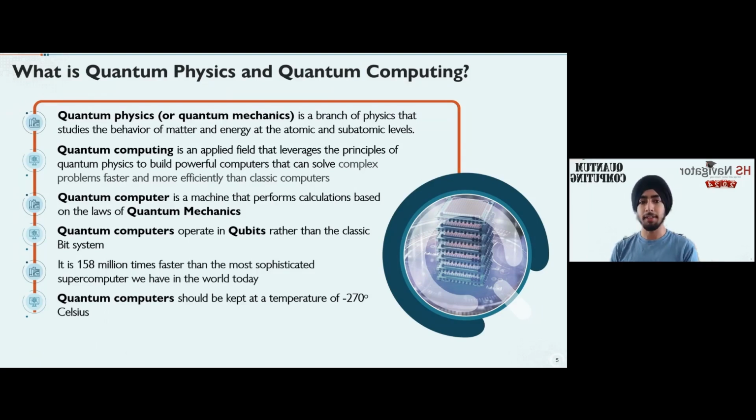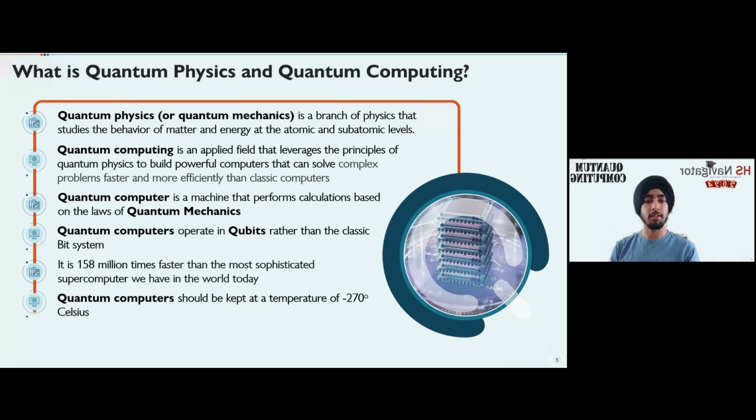And quantum computing is a field that leverages these scientific principles to build powerful computers that solve complex problems faster and more efficiently than typical computers, like the one you're probably seeing this on right now. A quantum computer is a machine that performs calculations based on these quantum mechanics and quantum physics rules. We'll talk more about this later, but quantum computers operate in qubits rather than the classical bit system. And there are two big things about quantum computing.